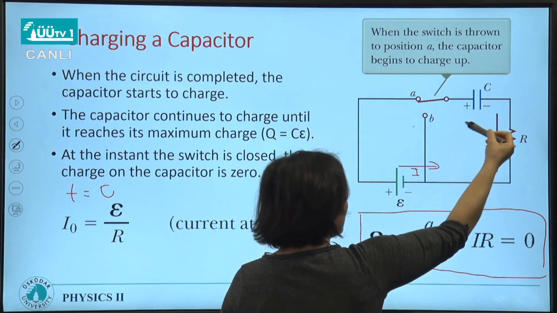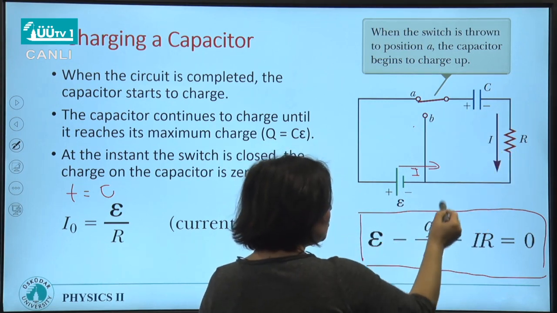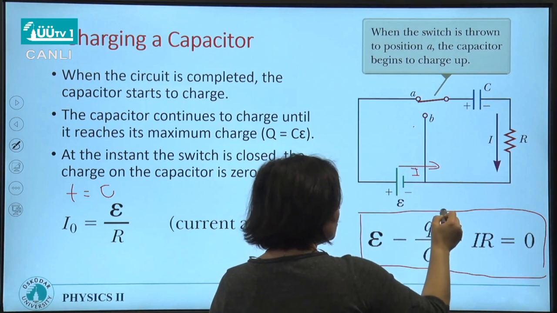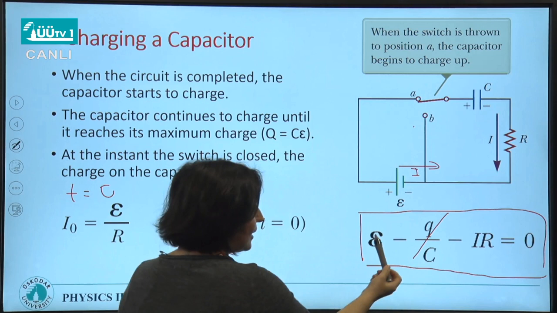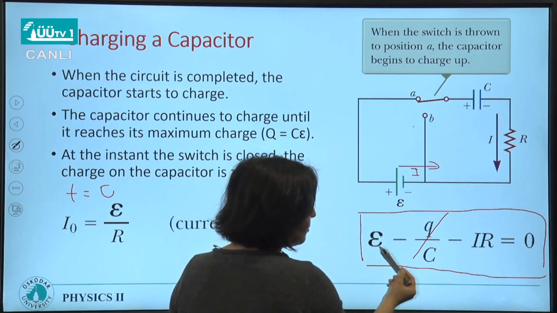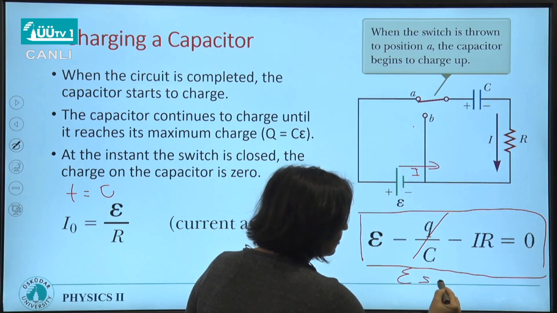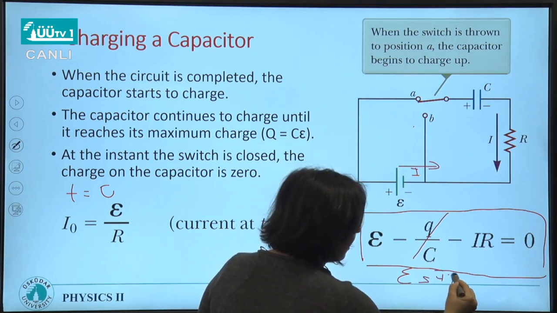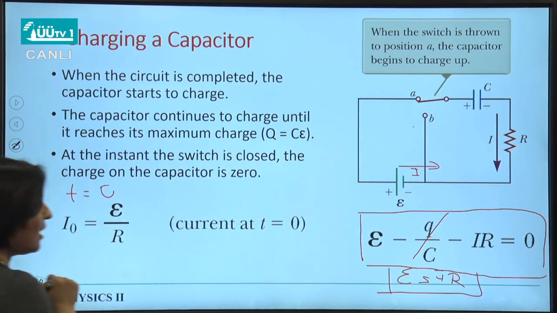So for the initial time t equals 0, there is no charge on the capacitor, so we can simplify this part. And you can write epsilon equals IR, which is basically Ohm's law. So how can you calculate I here?